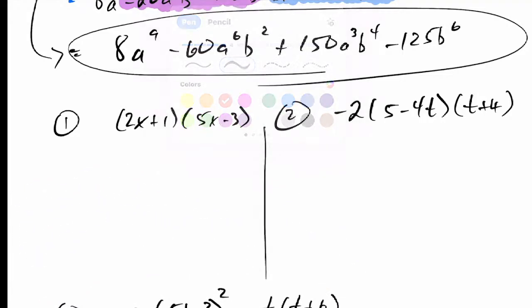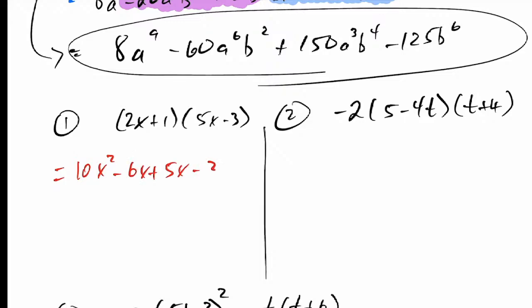Okay, so for this one here, if I expand this out, you should have gotten 10x squared minus 6x plus 5x minus 3. And the answer was 10x squared minus x minus 3.